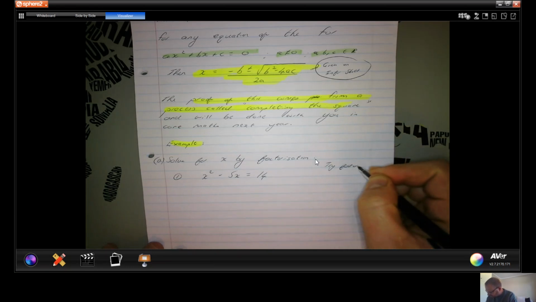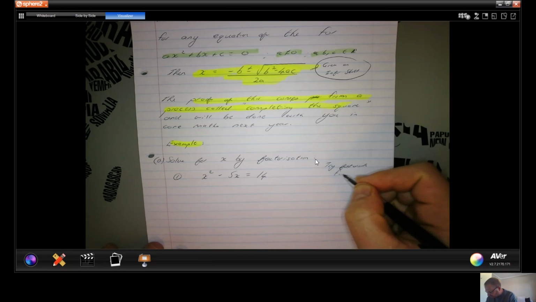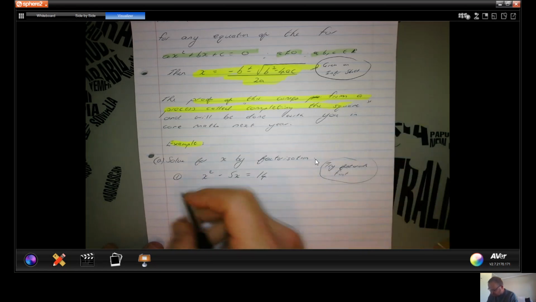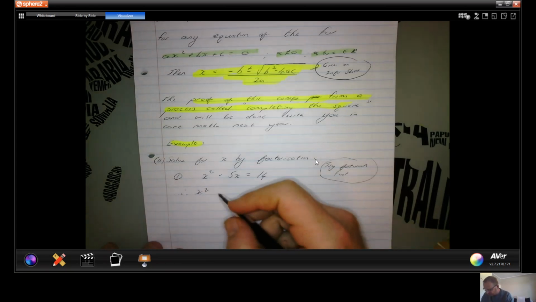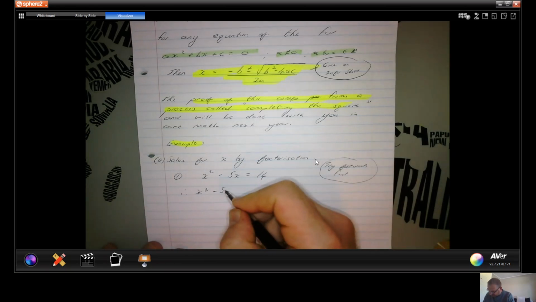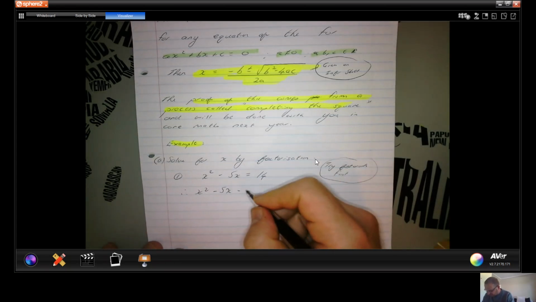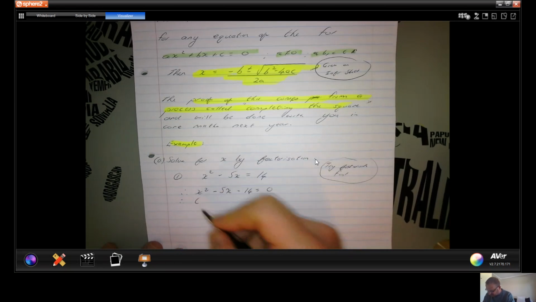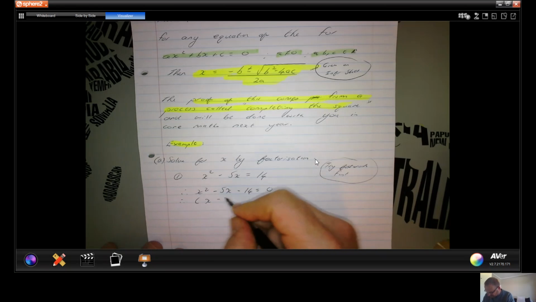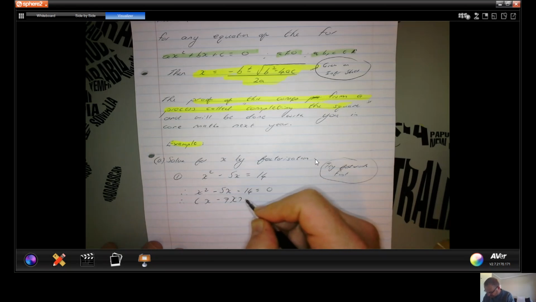It is the quickest method, so that's what I would always do. So you're going to have x squared minus 5x minus 14 is equal to 0. Can you factorize that? Yes, indeed you can. You're going to get (x minus 7)(x plus 2).